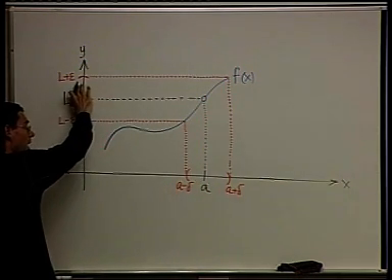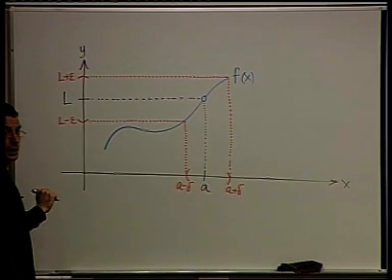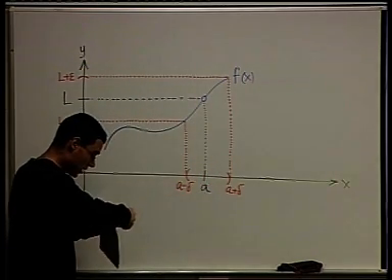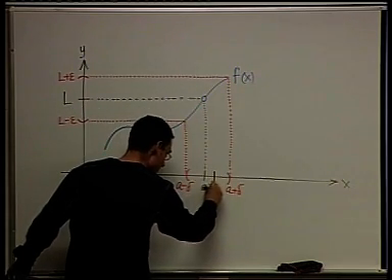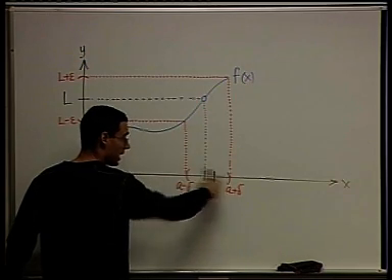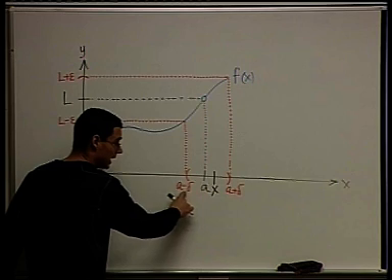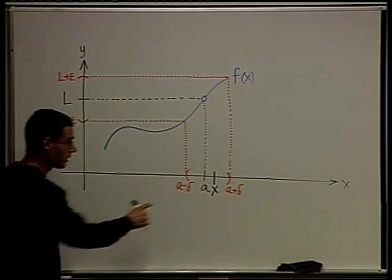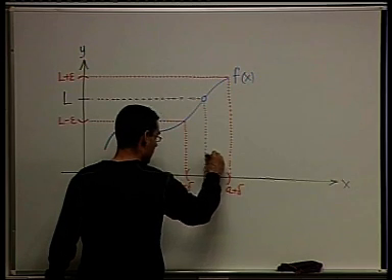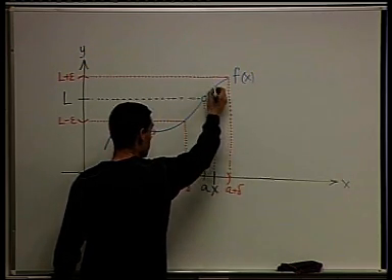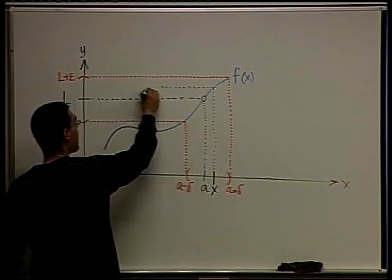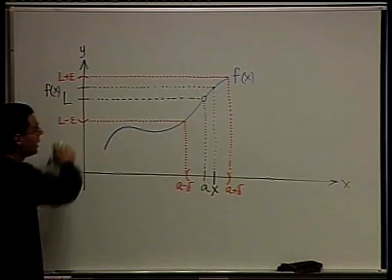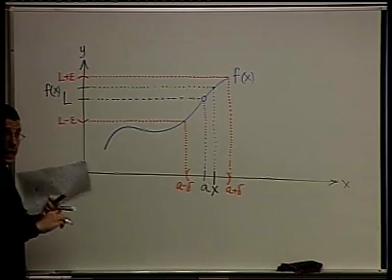So I started at the y-axis, prescribed an epsilon, said, for any such epsilon, there exists a delta, there it is, such that if you take x's in this delta neighborhood of A, so that's the statement x is between A minus delta and A plus delta, or the statement absolute value of x minus A is less than delta, then f of x, let's trace f of x, there it is, f of x is going to land here, between L plus epsilon and L minus epsilon, from the way I constructed it.